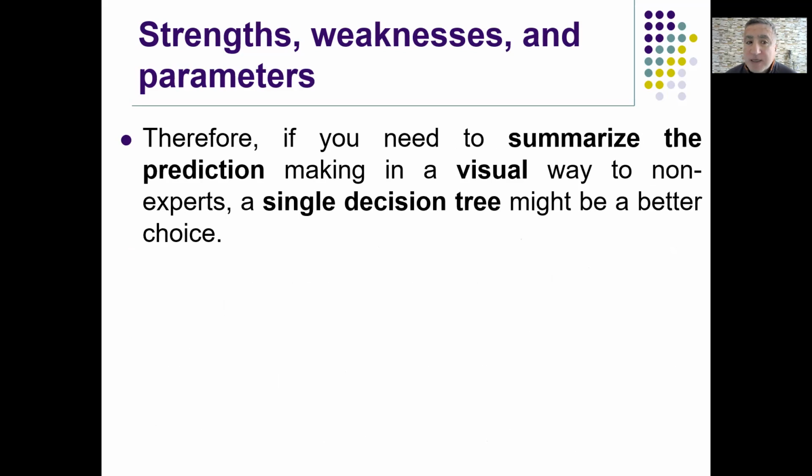If you need to summarize the prediction making in a visual way to non-experts, a single decision tree might be a better choice. So you can begin to understand your data by using a single decision tree. Then, after understanding your data and working on the features, maybe you can switch to random forest to get a better prediction, for classification or regression.